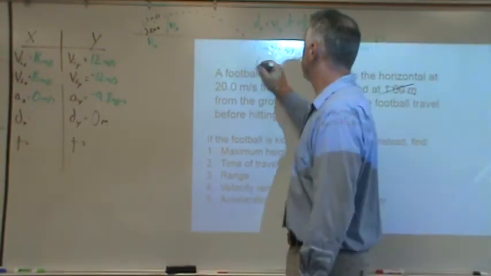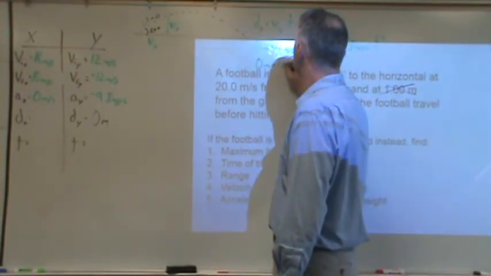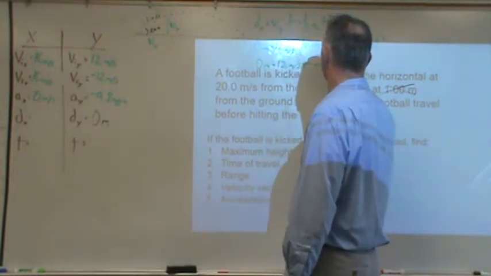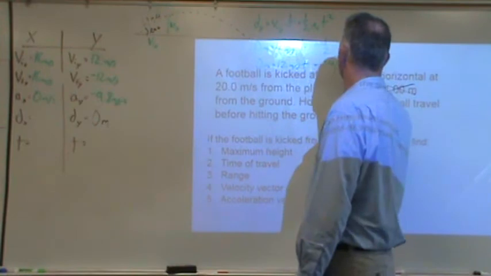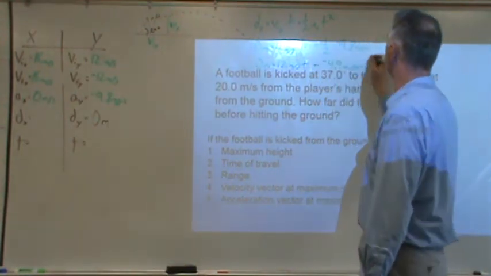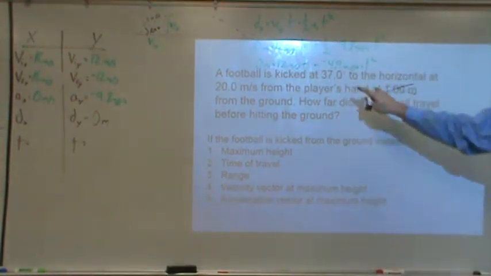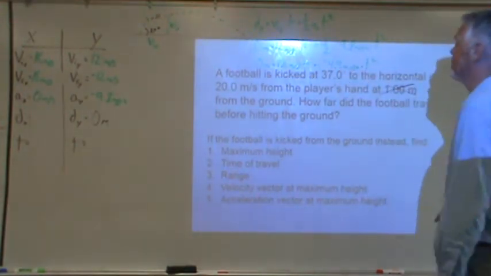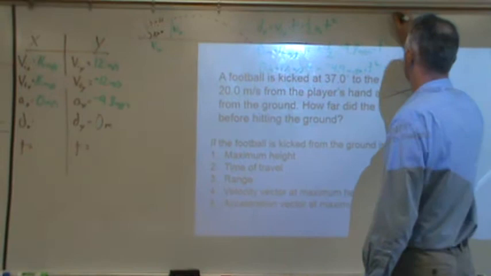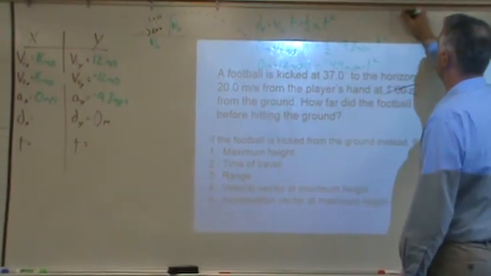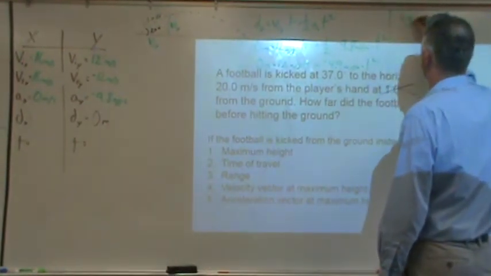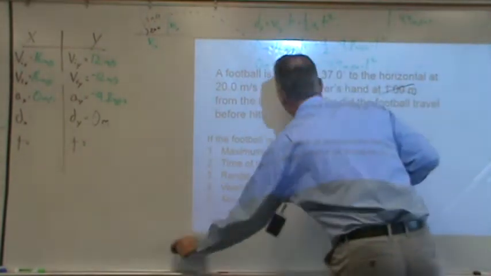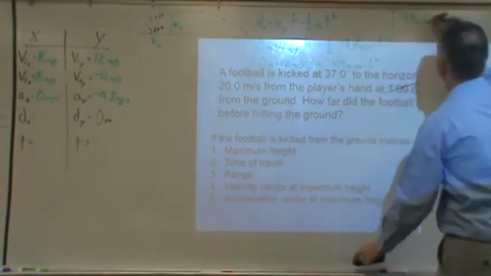So 0 meters equals 12 meters per second times t plus negative 4.9 meters per second squared times t squared. What can I do with this chunk? Add it to each side. So I end up with 4.9 meters per second squared times t squared. That's the whole chunk.